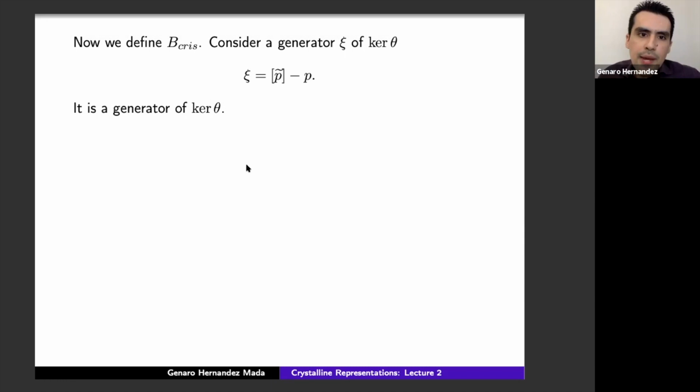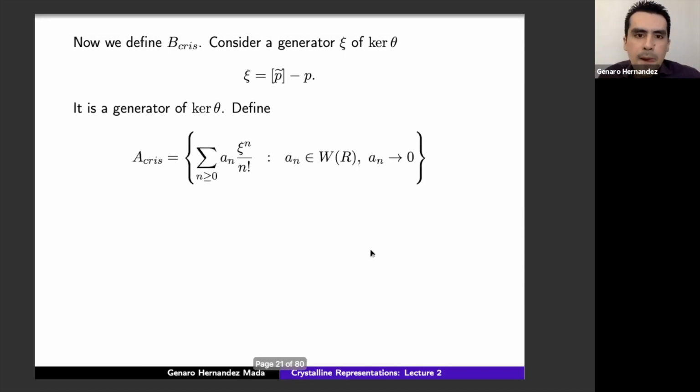Okay, so this is a generator of the kernel of theta, and we define this A cris as this series in which these coefficients go to 0. This convergence is in the p-adic topology.